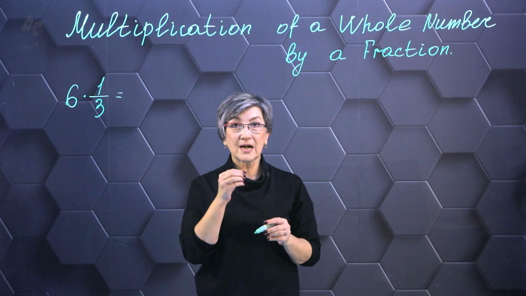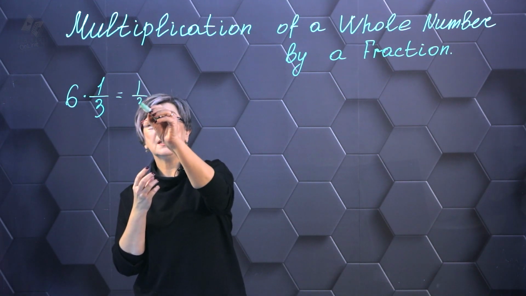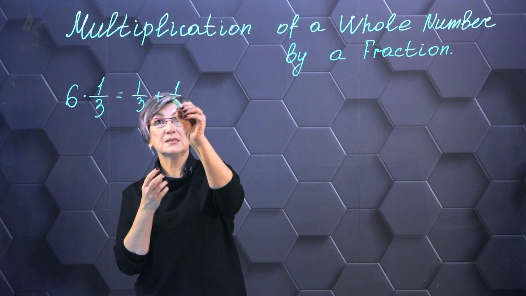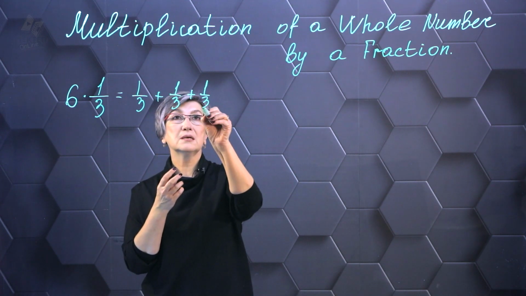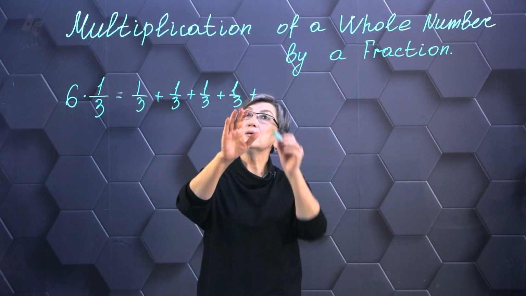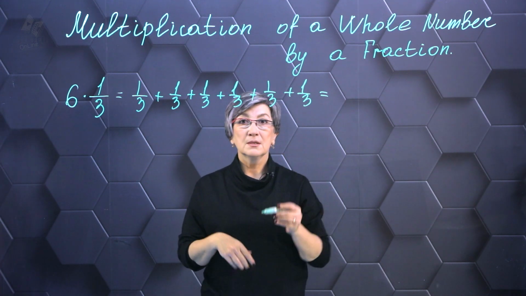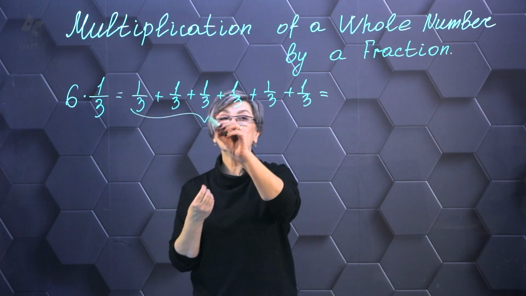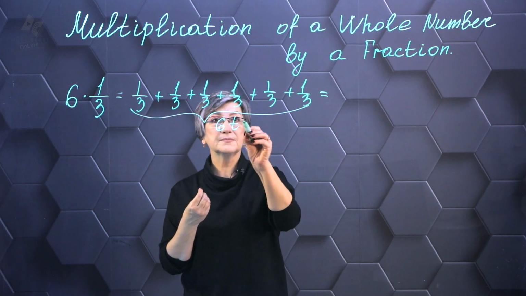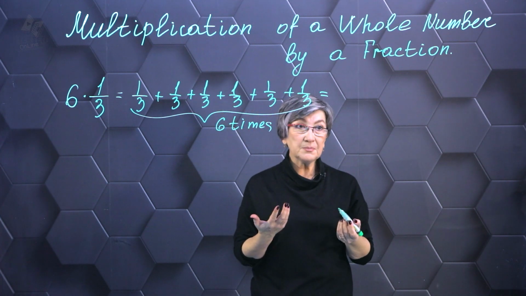So I can write down 1/3 plus 1/3 plus 1/3 plus 1/3 plus 1/3 plus 1/3, that is 1, 2, 3, 4, 5 and 6 times. So we need to take 1/3 six times, and I can add up these fractional numbers.